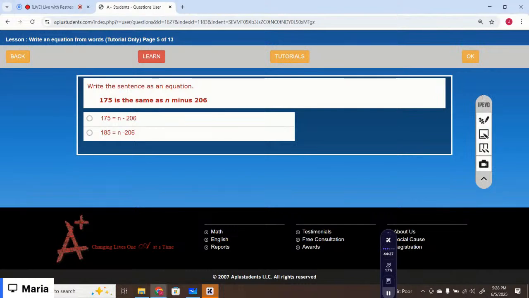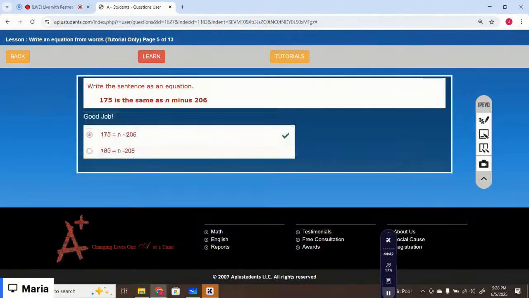Option number 1 is the correct option. That is 175 equals n minus 206.